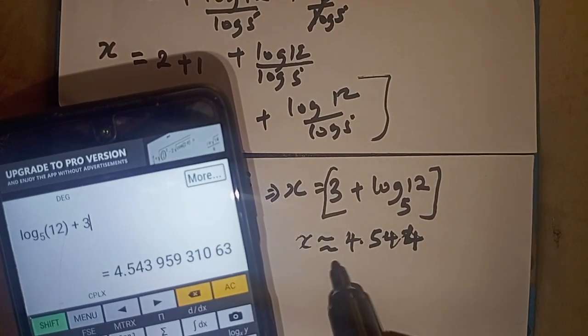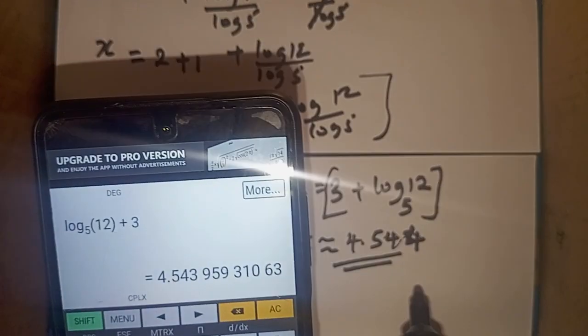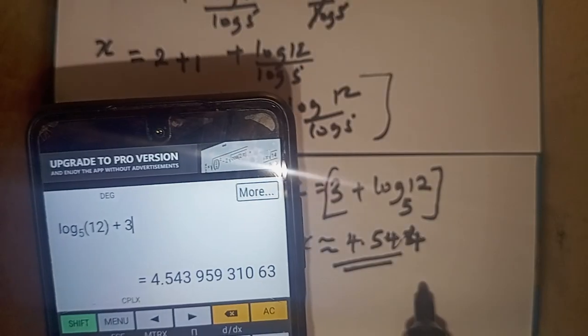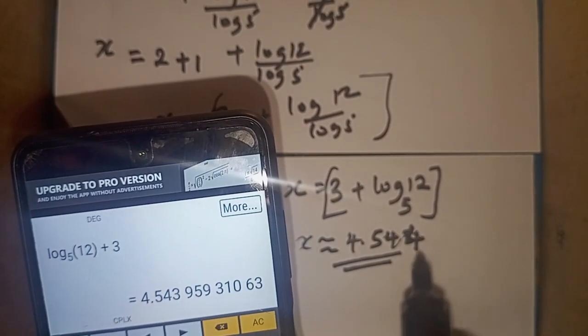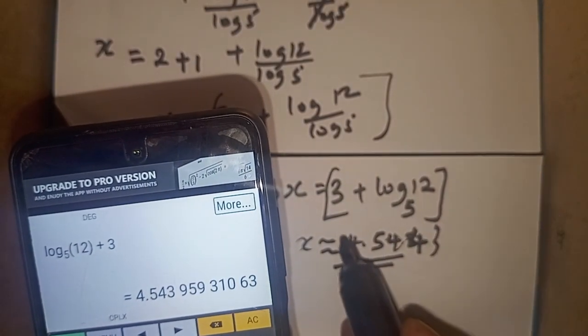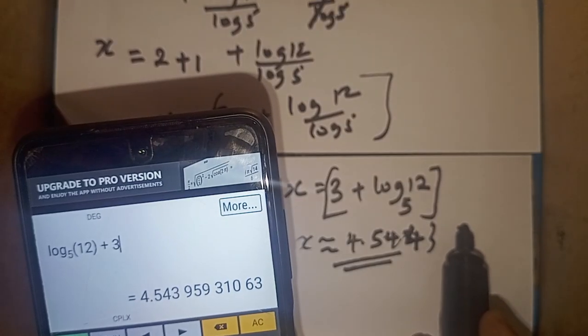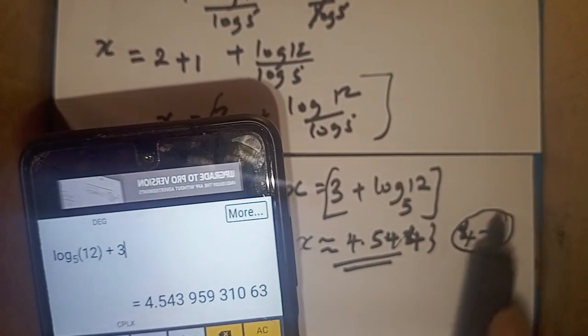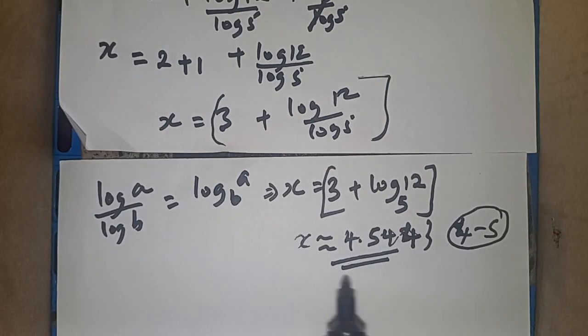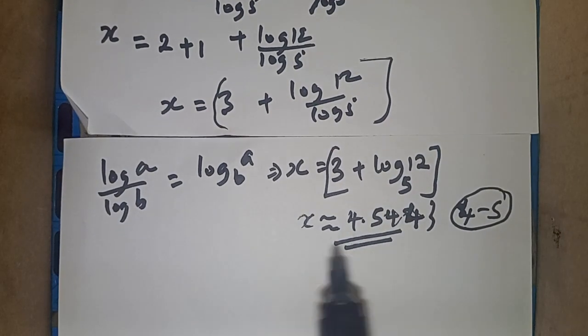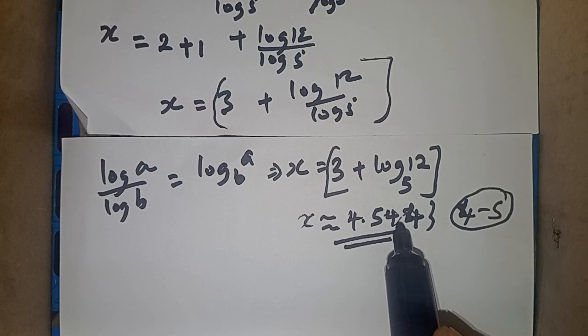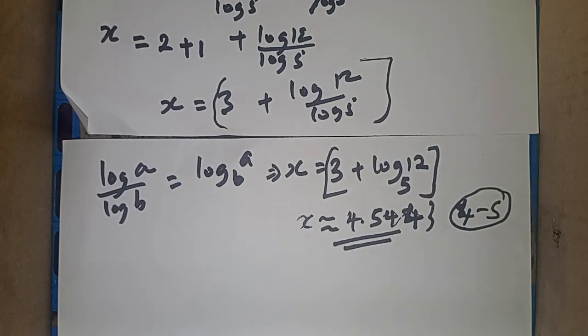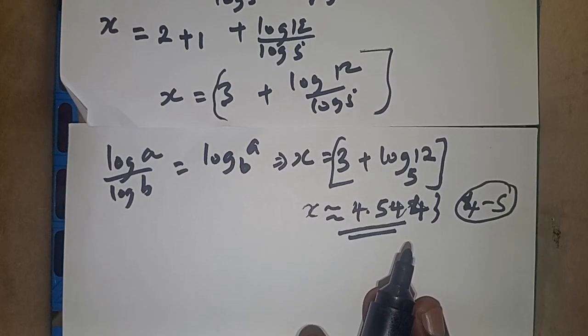From my calculator, this is what I get. And remember, we predicted that x should be in the range between 4 and 5. And indeed, we have confirmed it's true that x is 4.544. I've just written it up to 4 significant figures.